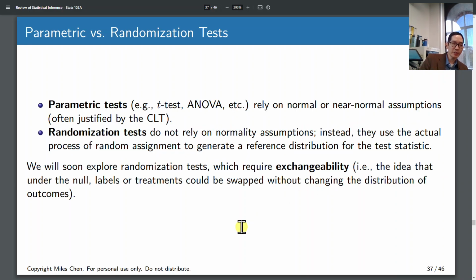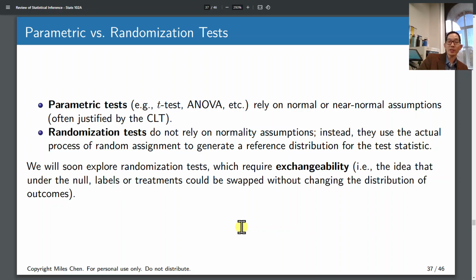These t-tests and whatever fall under the classification of parametric tests, okay? And they rely on assumptions of normality, and mathematically we justify them using the central limit theorem.